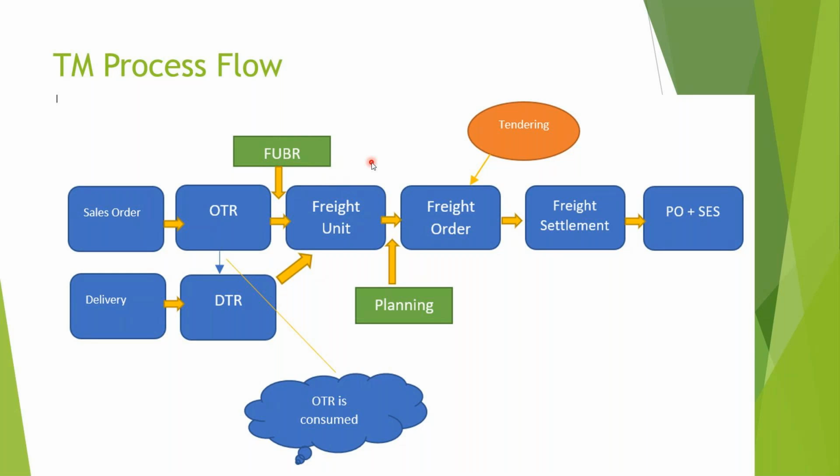For example, if whenever I create a sales order, only 10 quantities should be included and made into one freight unit, it will be transported together every time. It will not be divided in the middle of the transportation process. Based on the freight unit building rule, you can create your freight unit.